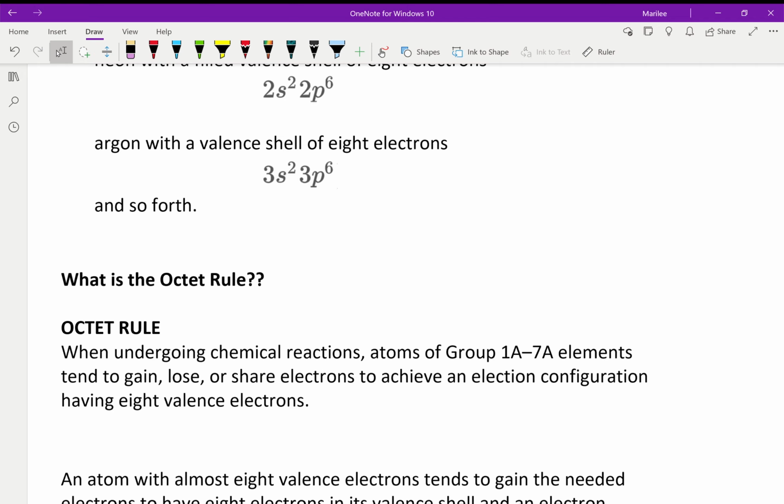So what that means is we know that the noble gas has 8 electrons in its most outer shell. So when we have elements that have fewer electrons in their valence shell, it's going to want to either gain or lose an electron or even share it to fill that 8 electron space.